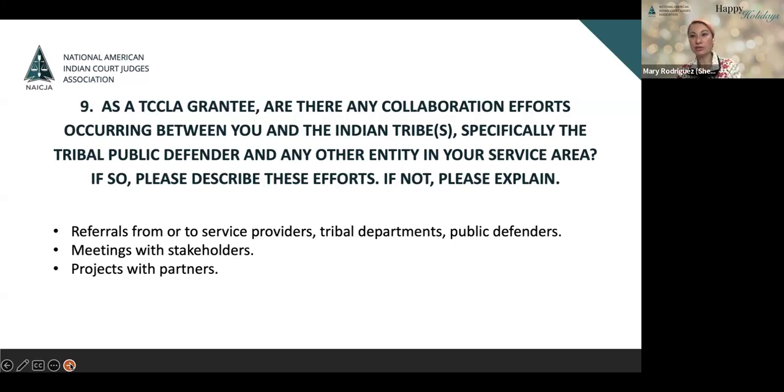Because I believe that this question is getting at the previous one, which is TLOA and VAWA. If you, or any of your attorneys, are part of discussions about establishing VAWA in a tribal community, or how to defend VAWA cases, you can include that. Intertribal working group, if anybody's attending those, that's what it's getting at.